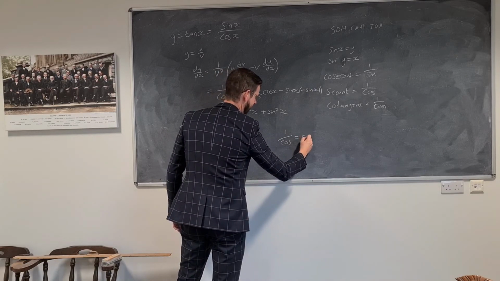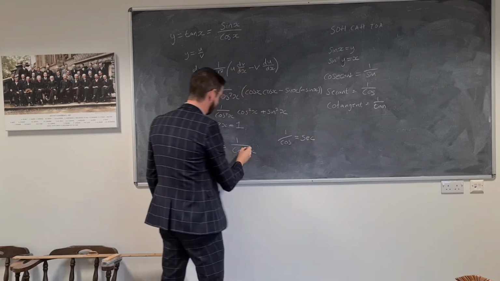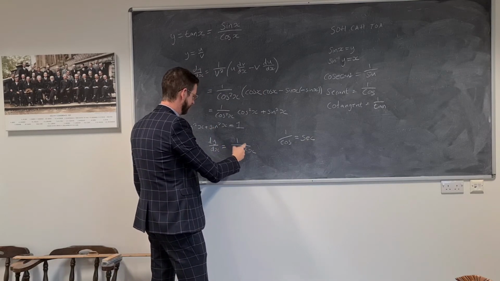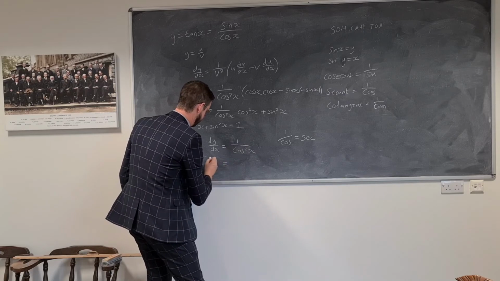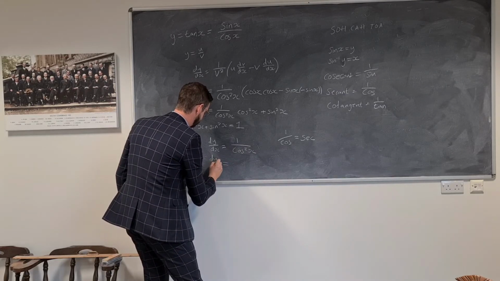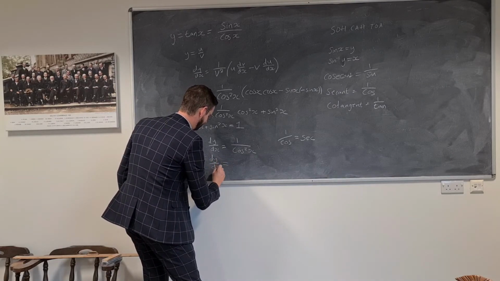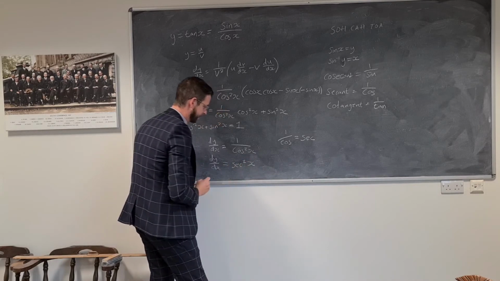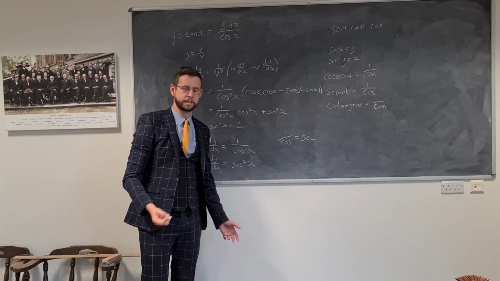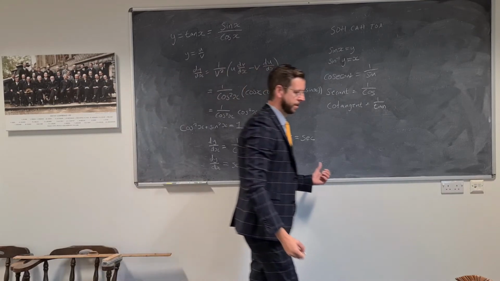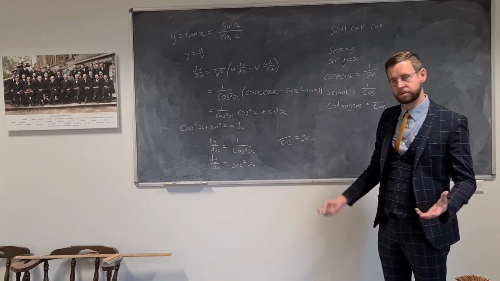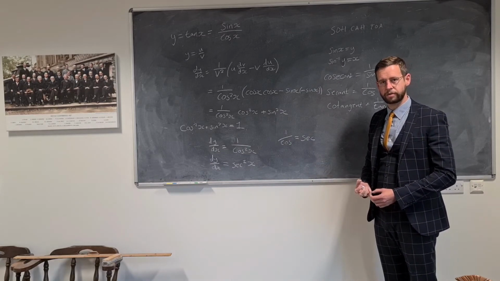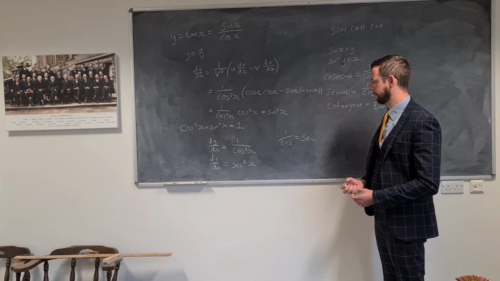It's that function over there. So 1 over cos squared x is actually equal to sec squared. So the derivative of tan is simply sec squared x. Now we don't tend to use this as much as the derivatives of sine and cos, but it's quite a nice derivation to work through, so I've included it here.